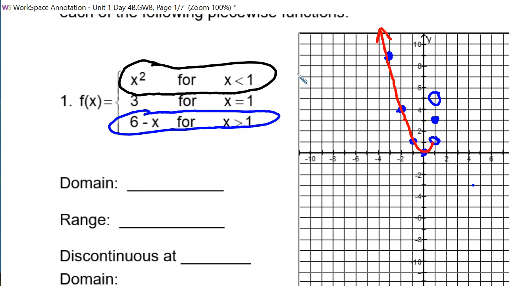So go down 1, right 1, down 1, right 1, down 1, right 1, and connect those points with a line. Then put an arrow showing we keep going down, because we want all x's that are greater than 1.